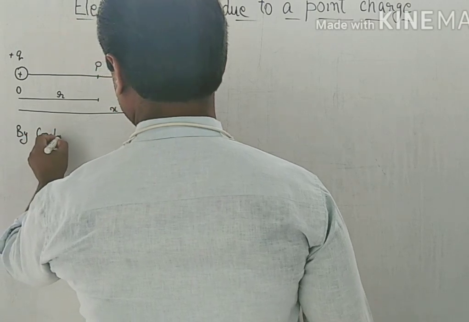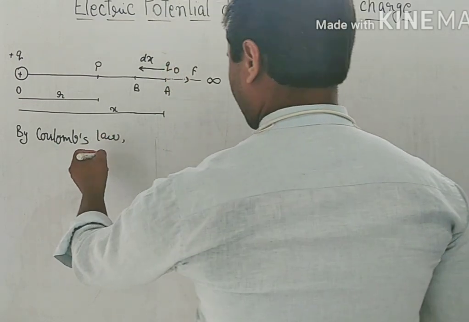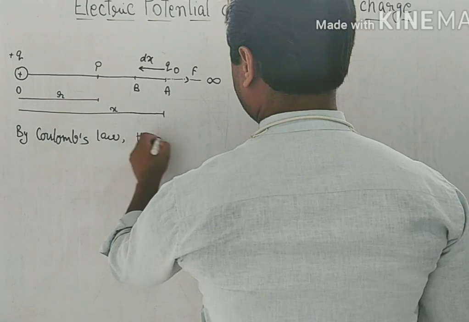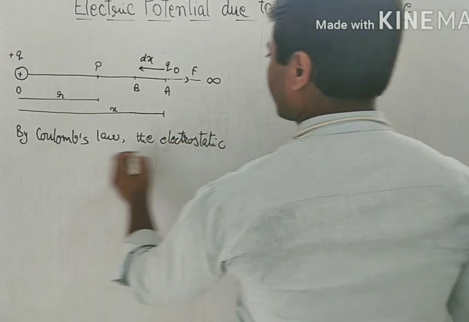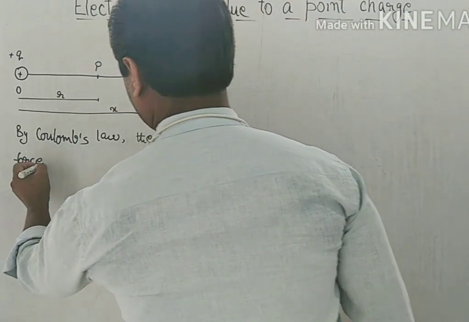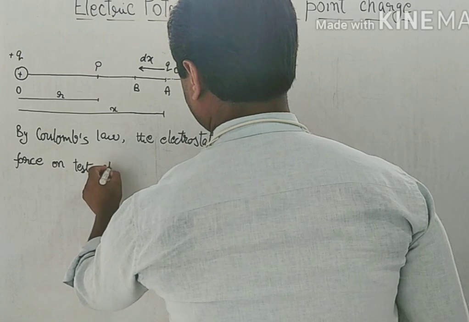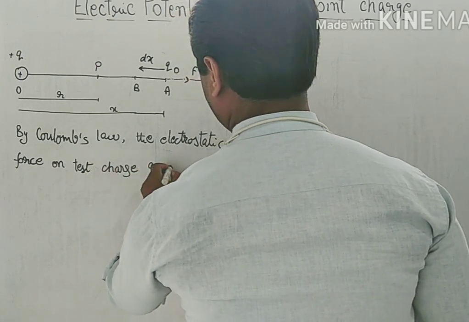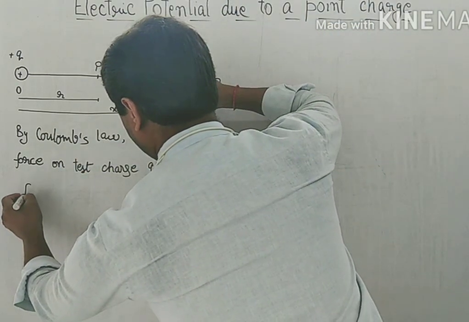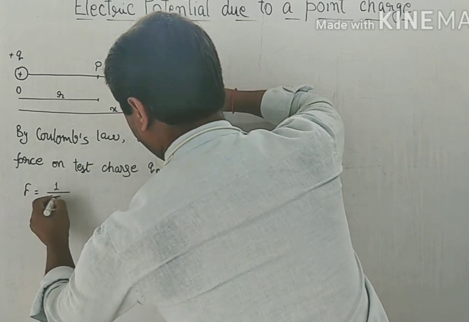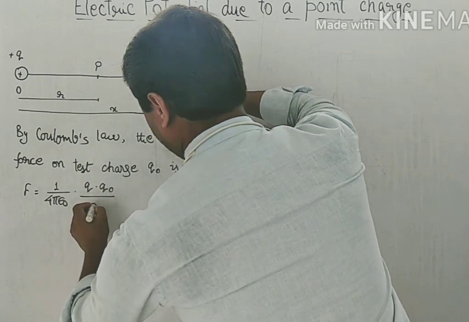By Coulomb's law, the electrostatic force on test charge Q0 is, at this point, F equals 1 upon 4 pi epsilon naught, Q, the source charge, into Q0, the test charge, upon the distance square.